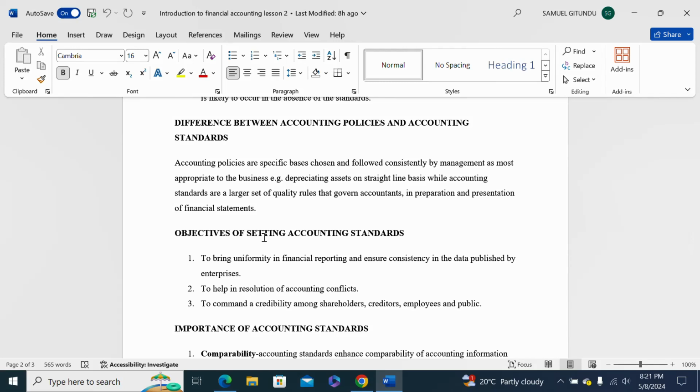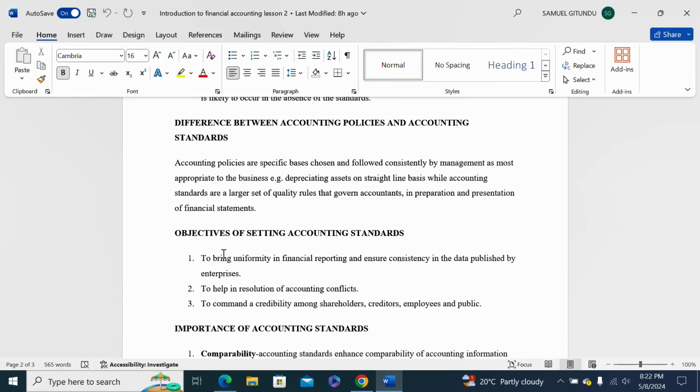The number one objective of setting accounting standards is to bring uniformity in financial reporting and ensure consistency in the data published by enterprises. So the first objective is to bring uniformity, to ensure that all financial statements are prepared in a uniform way.